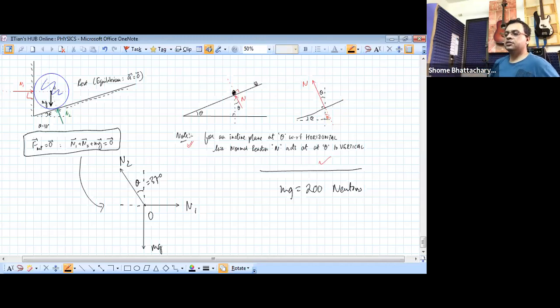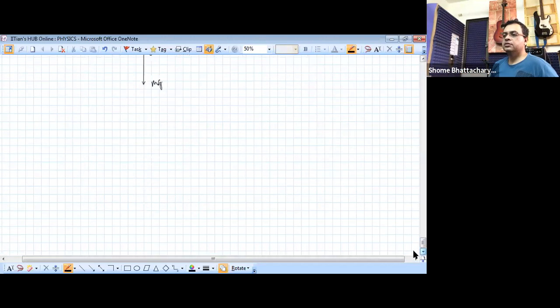So my next step is, in this diagram, I'll break N2 into components.